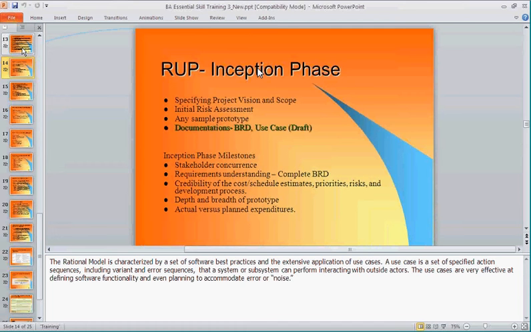So they must concur, everyone must agree that this is accurate, that the requirements are completely understood. So when they agree, they must then sign off on the requirements document, that this is a complete requirements document. All right? The project cost and schedule estimates that we put together based on our requirements document, the priorities, risks, everyone must agree that this is credible, that this seems realistic at this point of time.